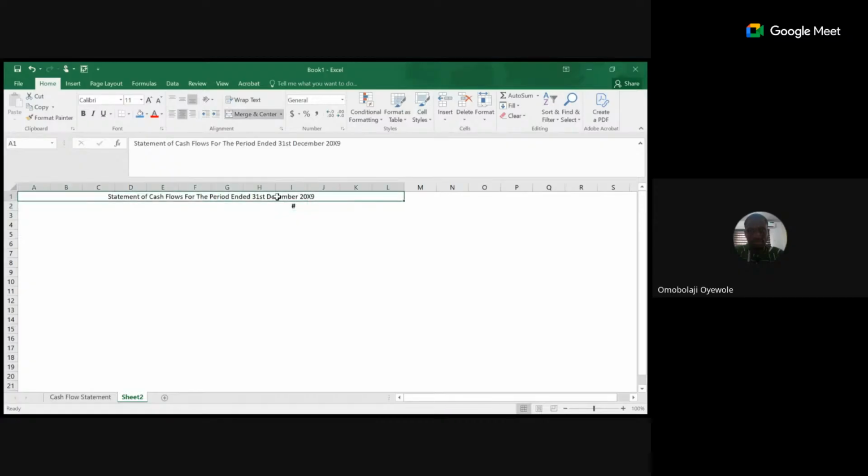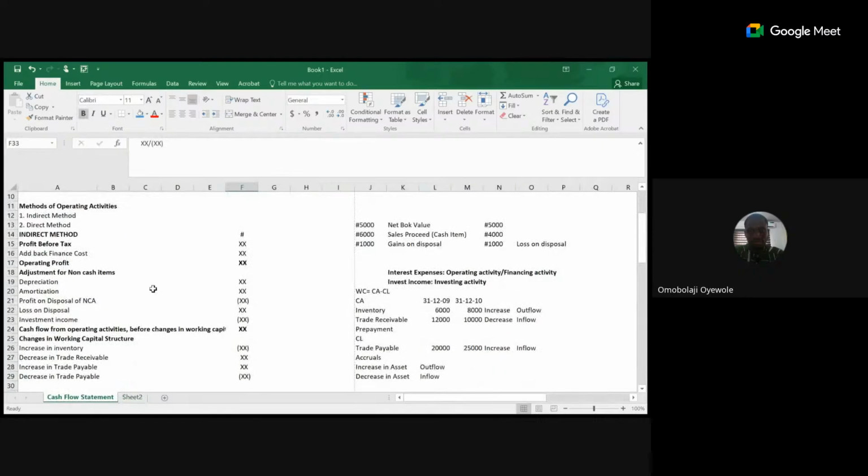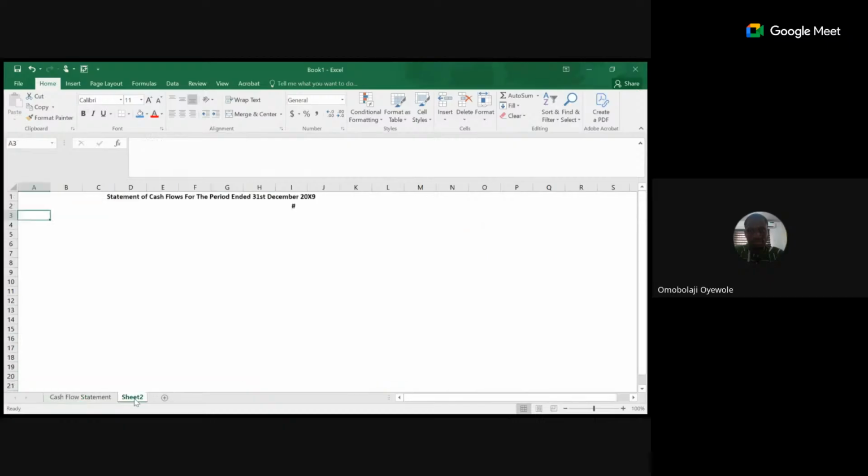Now, remember that from this format, we said the first thing in your indirect method is your what? Profit before tax. And let me rename this illustration 1. So what's our profit before tax? In the question, what's our profit before tax? Respond.